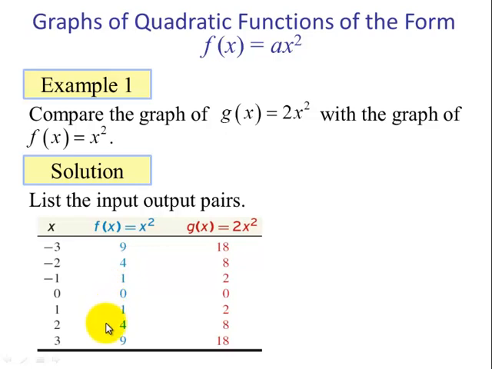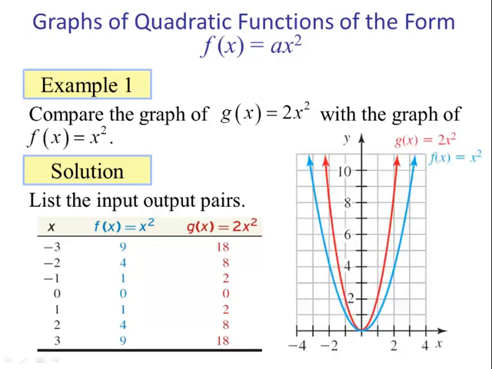Here we have the outputs for f of x, and this is the output for g of x. If we plot these points, we can see that g of x is steeper than f of x. The reason is that we are multiplying the x squared. So this is what we call a vertical stretch by a factor of 2.